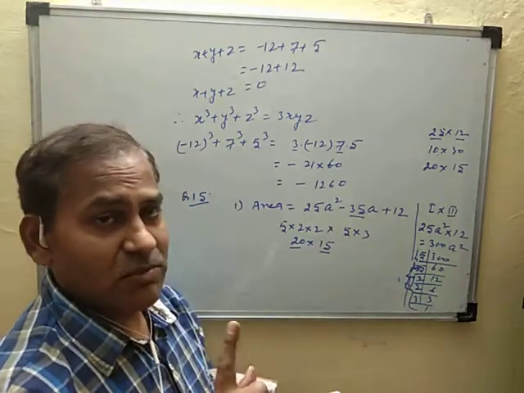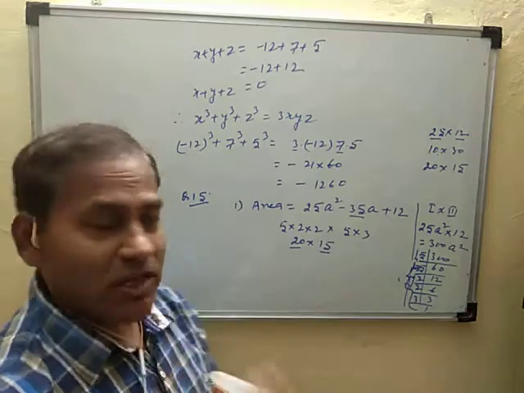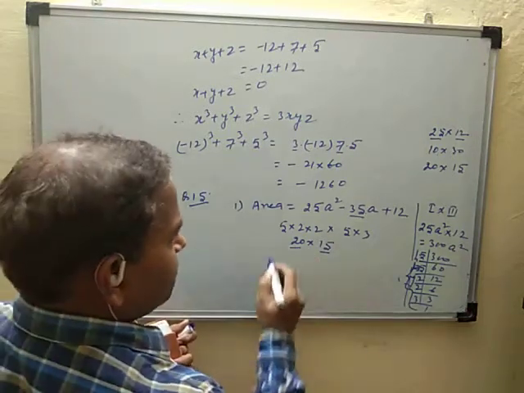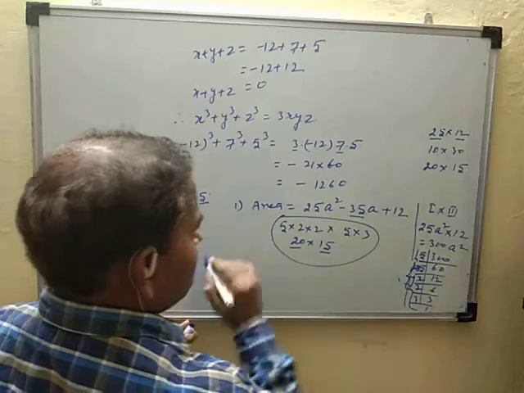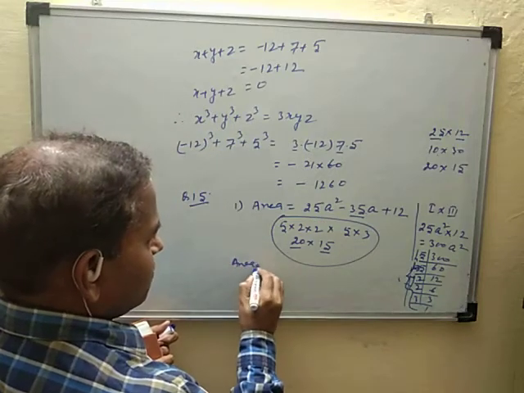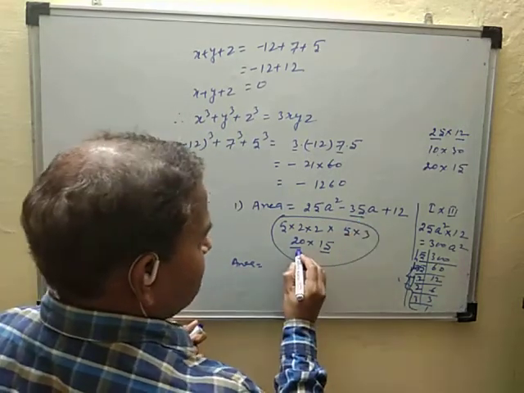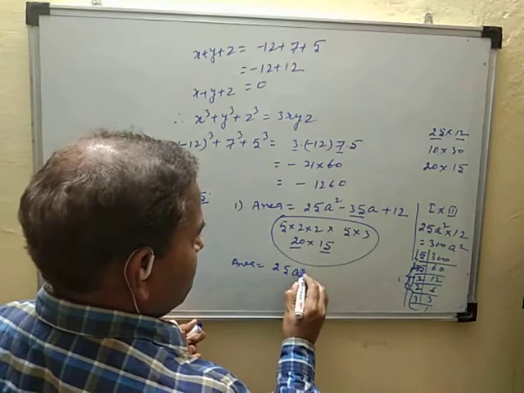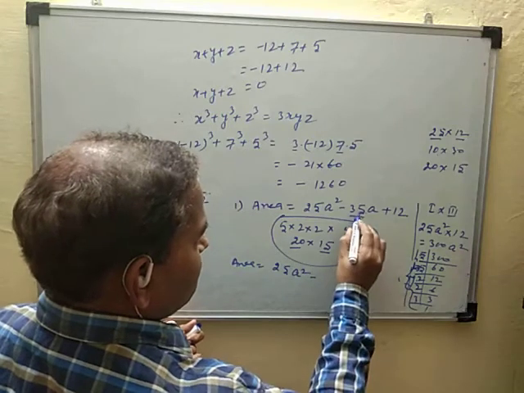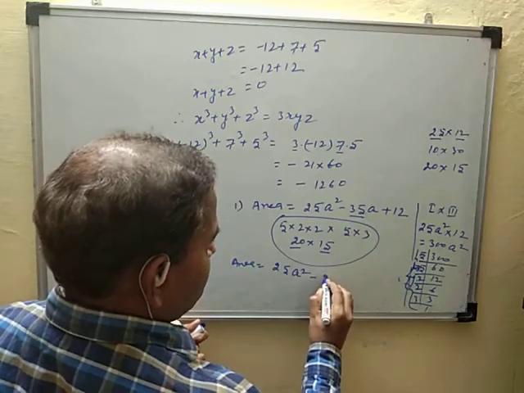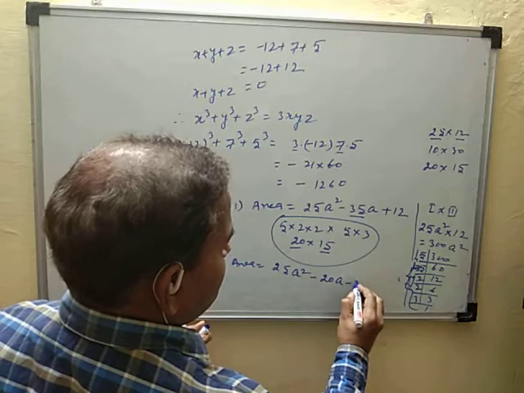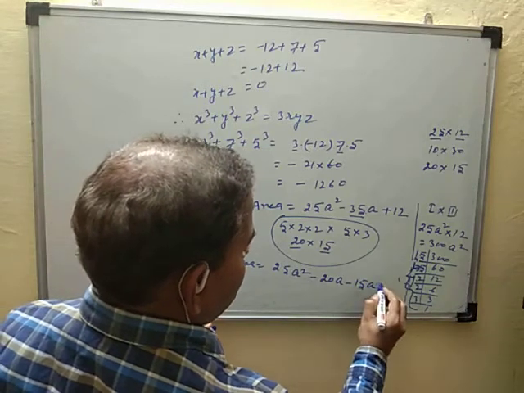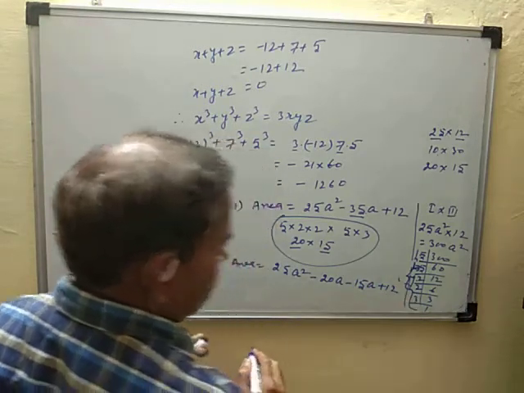The process is: first multiply the first and third terms and split the middle term. So now split 35 as 20 plus 15. This area is equal to 25a square minus 20a minus 15a plus 12.